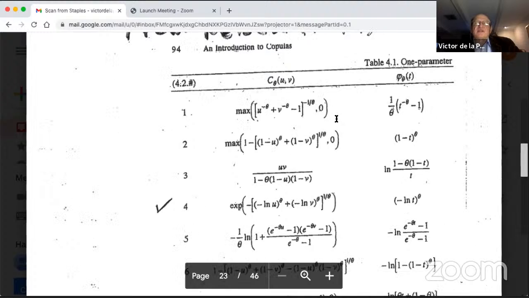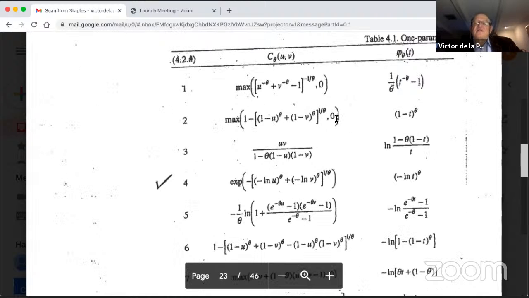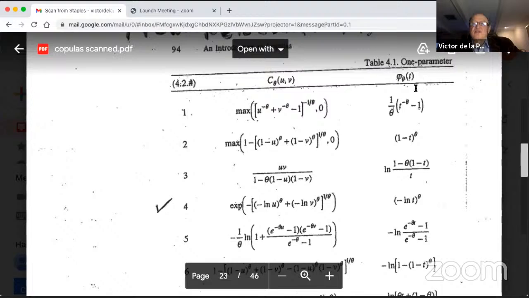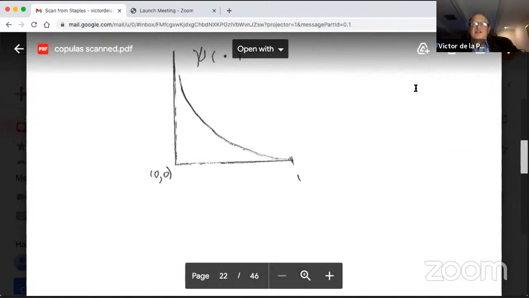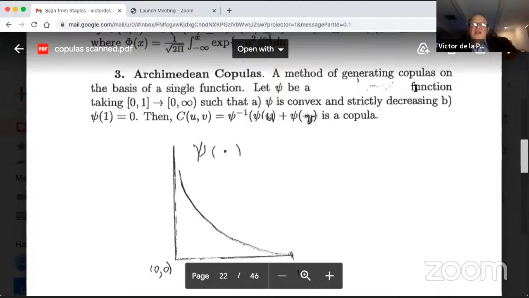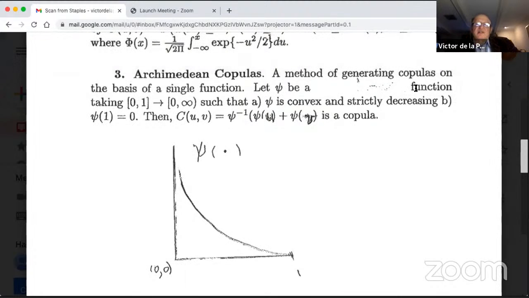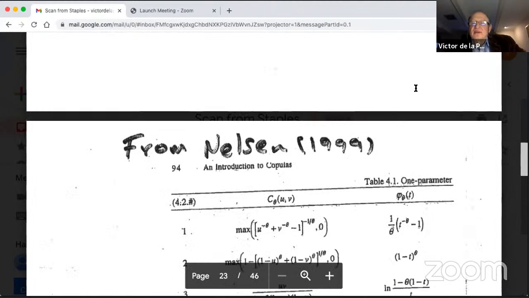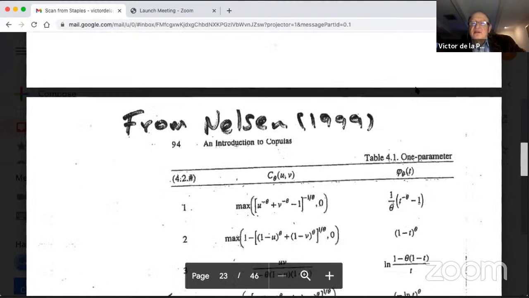So in this case, if you pick the function phi to be 1 over theta times (t to the minus theta minus 1), this satisfies the properties that we stated here. It's decreasing and it's 0 at 1.